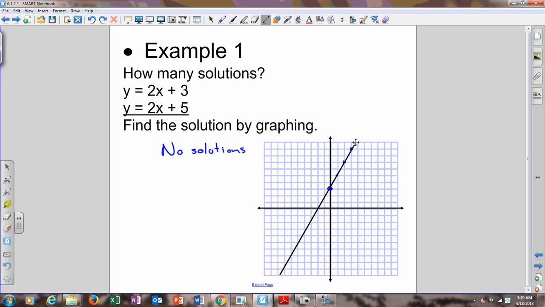Draw a line between those dots. Then you go up to 5, make a dot, up 2 over 1, up 2 over 1, and draw a line between those dots. The graphs run side by side, they're never going to cross, so no solutions.